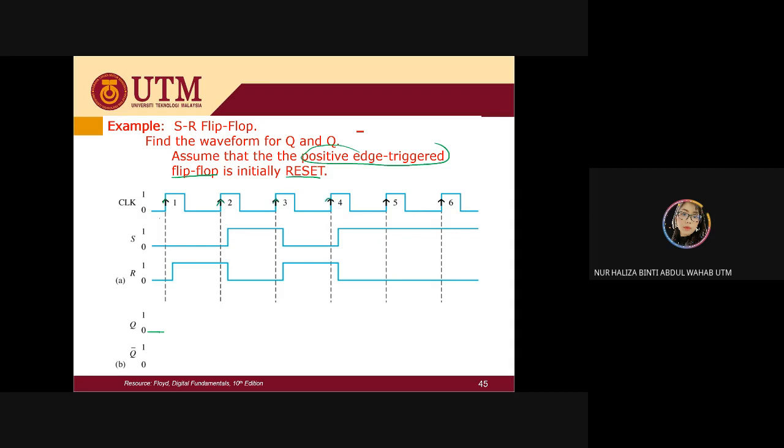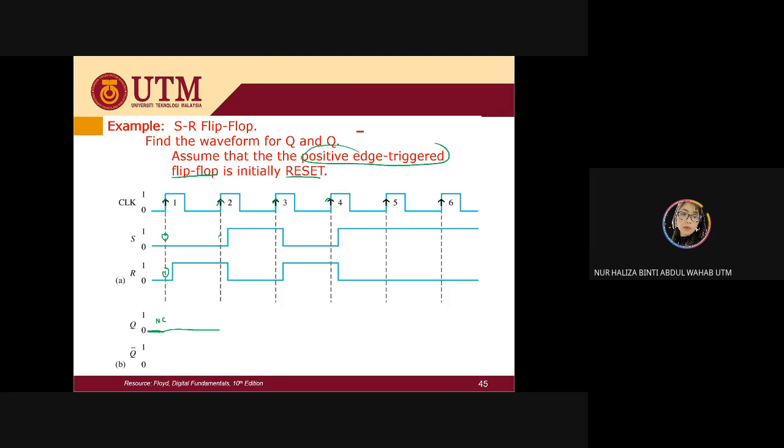And from here, I'm going to continue whatever output I have from previous until I meet a positive clock. At this positive clock, what happened? The value is 0, 0. 0, 0 means no change. I'm going to continue until I meet another positive clock.